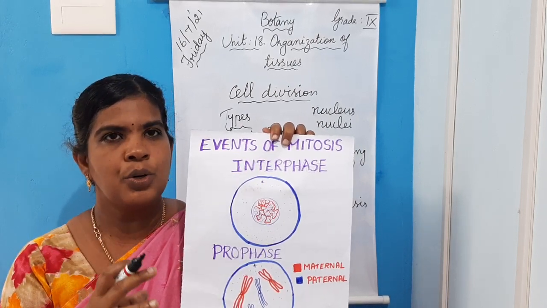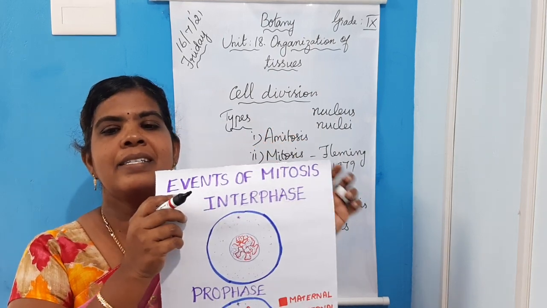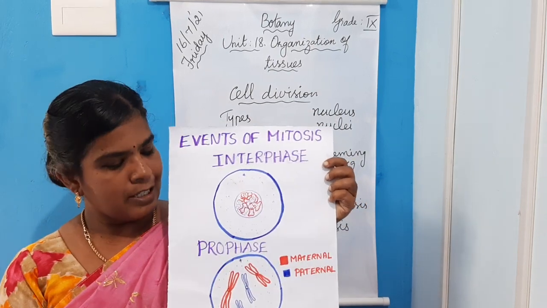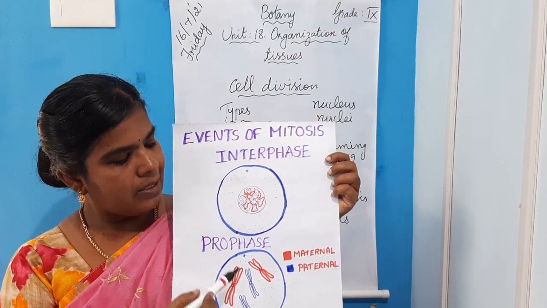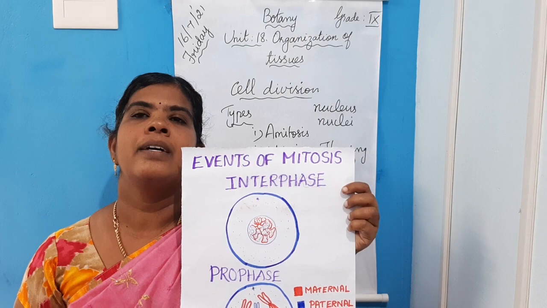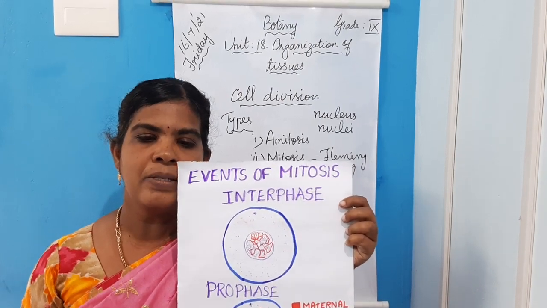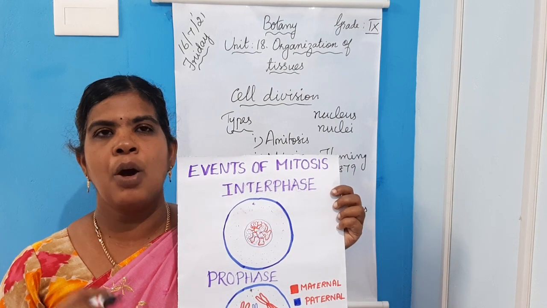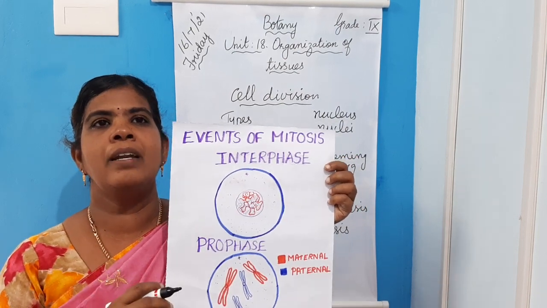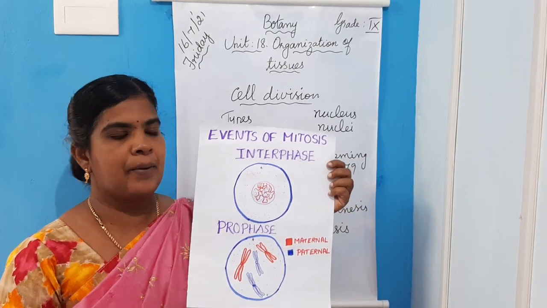Each centriole is surrounded by aster rays. Then the spindle fibers appear between these opposite poles. And now the nuclear membrane and nucleolus start to disappear.